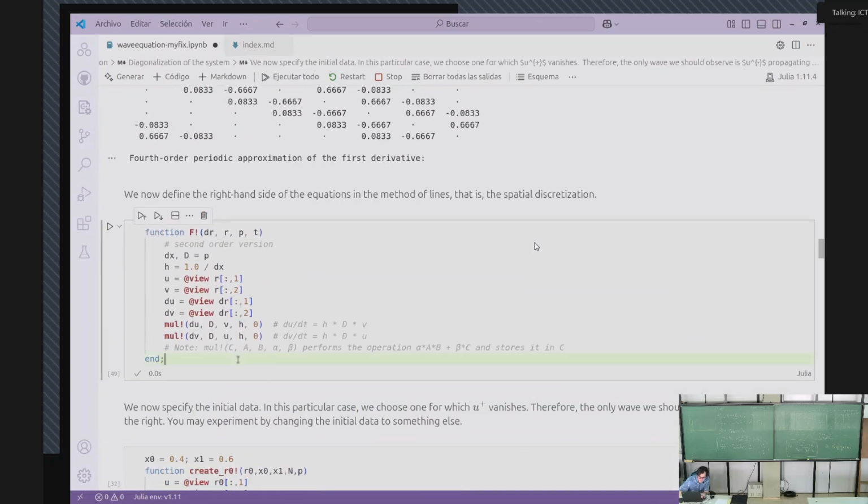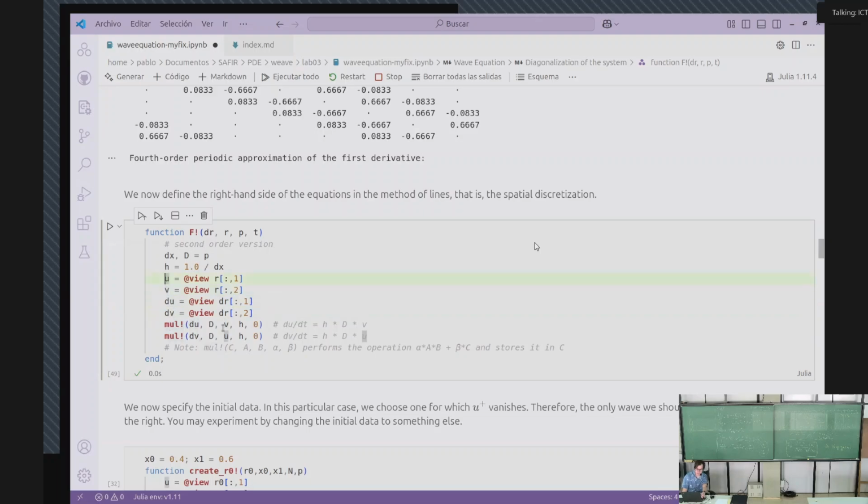In this part here, we are simply defining the problem that we want to solve. We take V, multiply it by the D matrix, which will be the derivative, and store it in du. This h here is 1 over delta x, and this 0 here is because of certain arguments that this mul function requires.